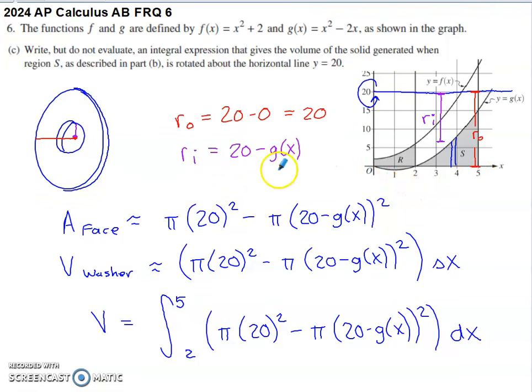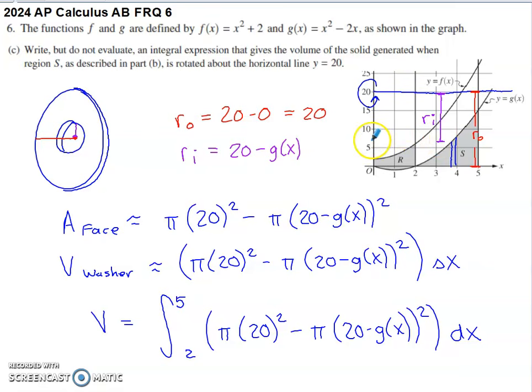My inside radius exists because of the gap between the axis of rotation and the nearer edge of the slice that's rotating about it. So in the coordinate plane, this would be my inside radius. Again, a vertical dimension that has to be positive. So I'm going to take the top y, which is a y value of 20. I'm going to subtract the bottom y.